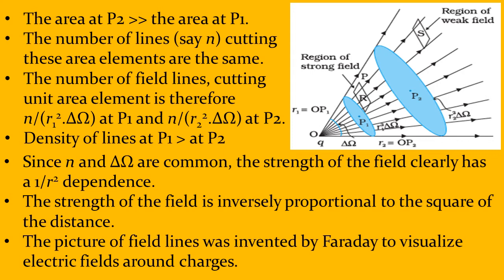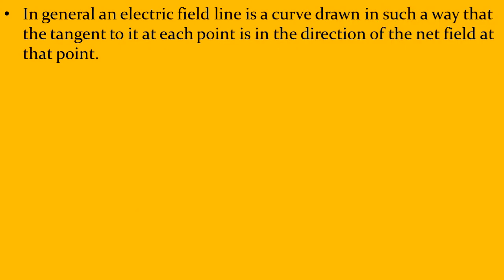Now this picture of field lines was invented by Faraday to visualize the electric fields around charges. In general, an electric field line is a curve drawn in such a way that the tangent to it at each point is the direction of the net electric field vector at that point.